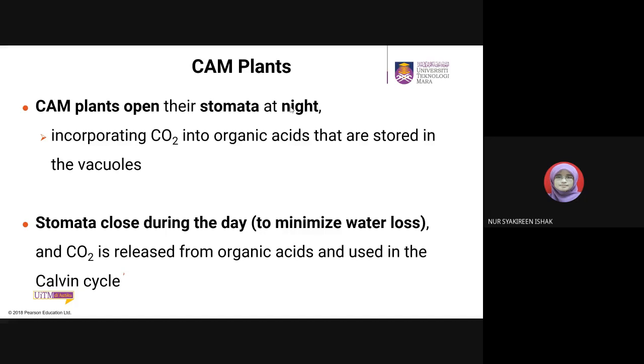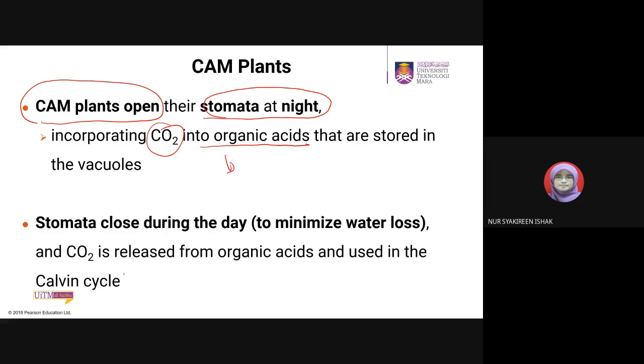Tapi adaptation untuk CAM plant adalah it opens stomata at night. Stomata will open at night, so that is the time when carbon dioxide will be accumulated in the plant tissue. Carbon dioxide is incorporated into organic acid that is stored in the vacuole.